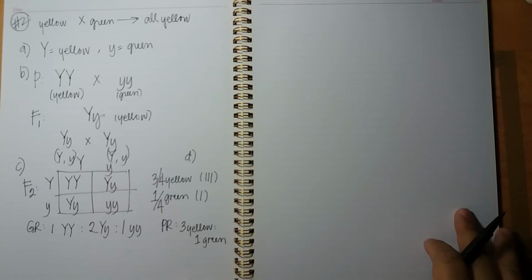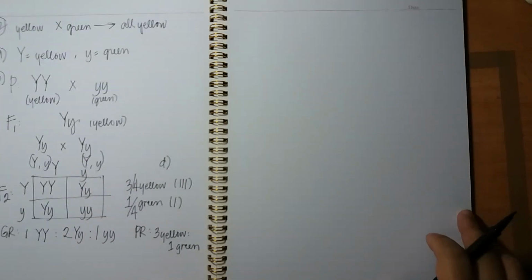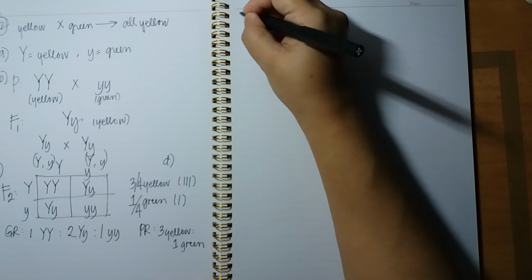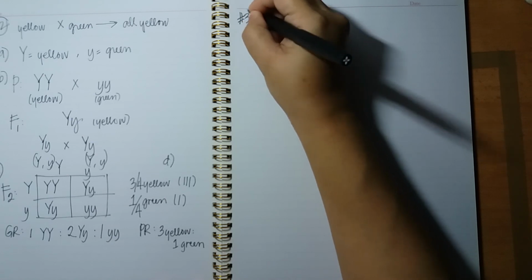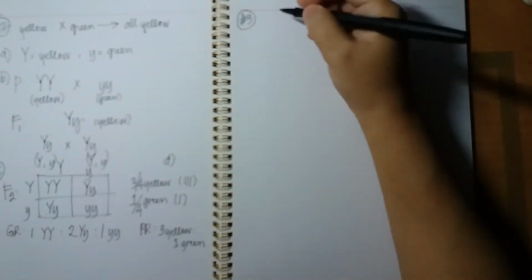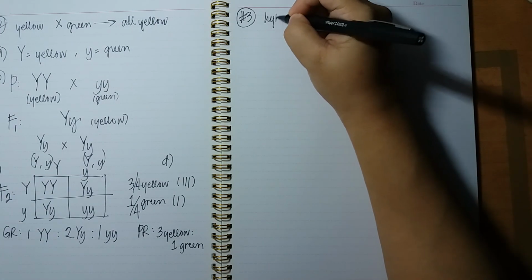Letter A. And then B, about how many of the offspring would show the recessive trait? Okay? So, how do we solve this? There's no specified traits or characters. Okay? It just says hybrid, the parents.